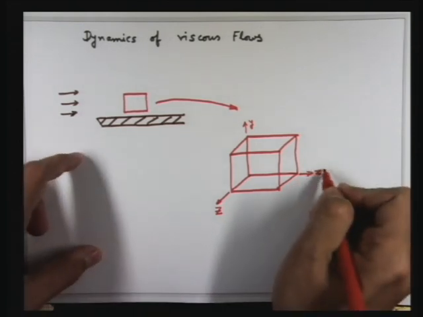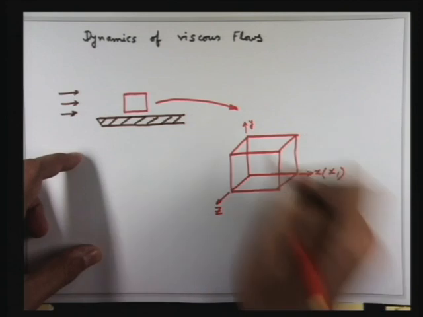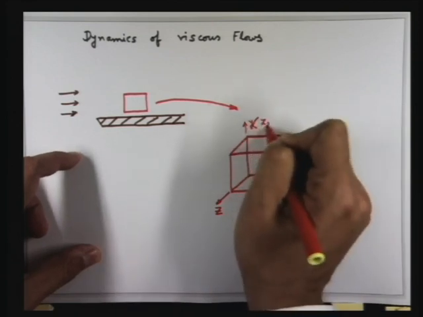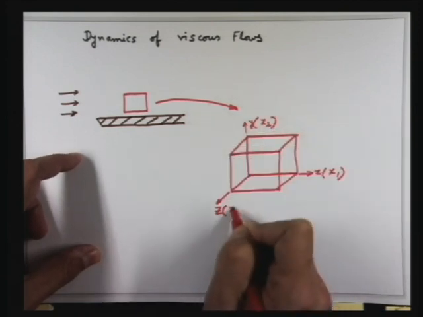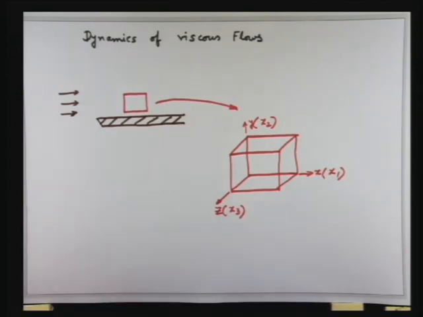So instead of x we will call x1, instead of y we will call x2, instead of z we will call x3. They are synonymous. In general the index i in xi: i equal to 1 for the x axis, 2 for the y axis and 3 for the z axis.